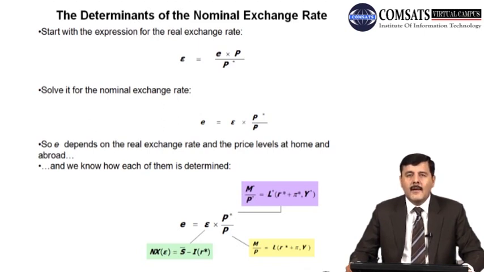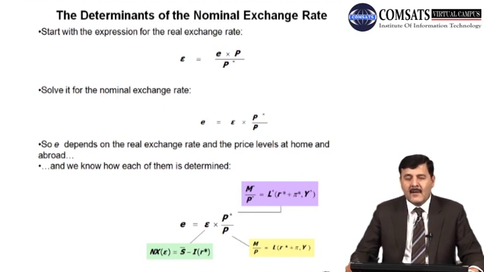So the nominal exchange rate depends on the real exchange rate and the price level at home and the price level abroad. As we know, each of them is determined. E is equal to the real exchange rate times the world price over domestic price.